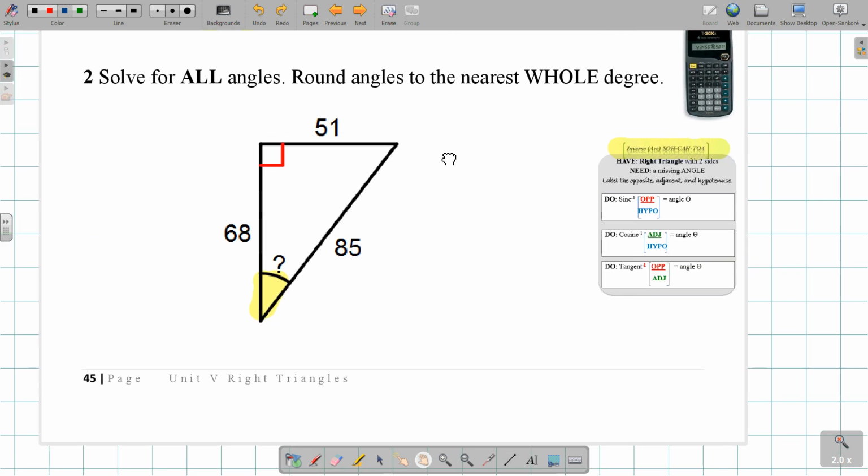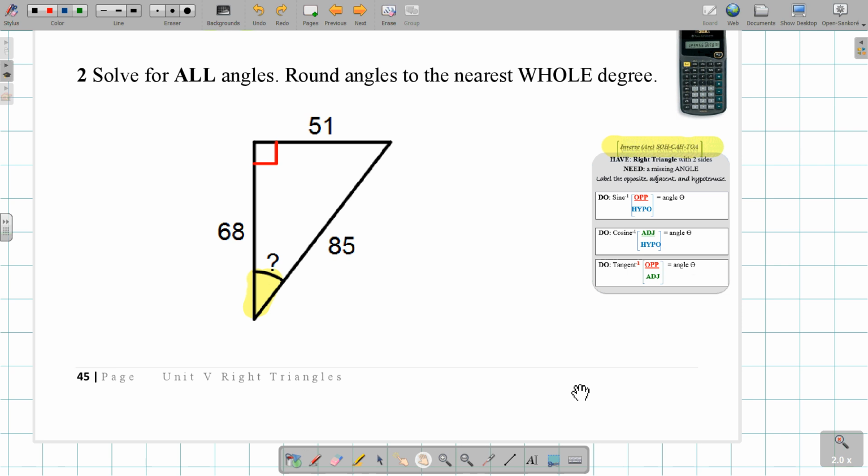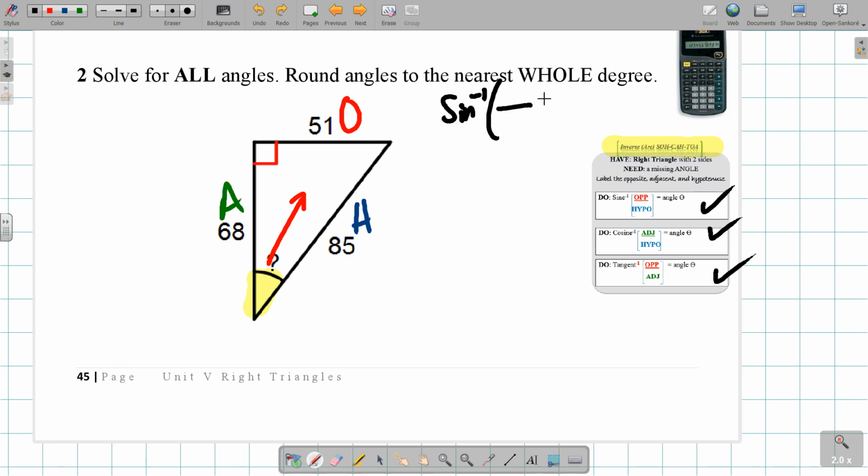This one down here, solve for all the angles. We have our opposite, we have our adjacent, we have our hypo. You could use any one of these. I'm just going to go ahead and use sine. So inverse sine. Opposite over hypo equals theta. My opposite is 51.